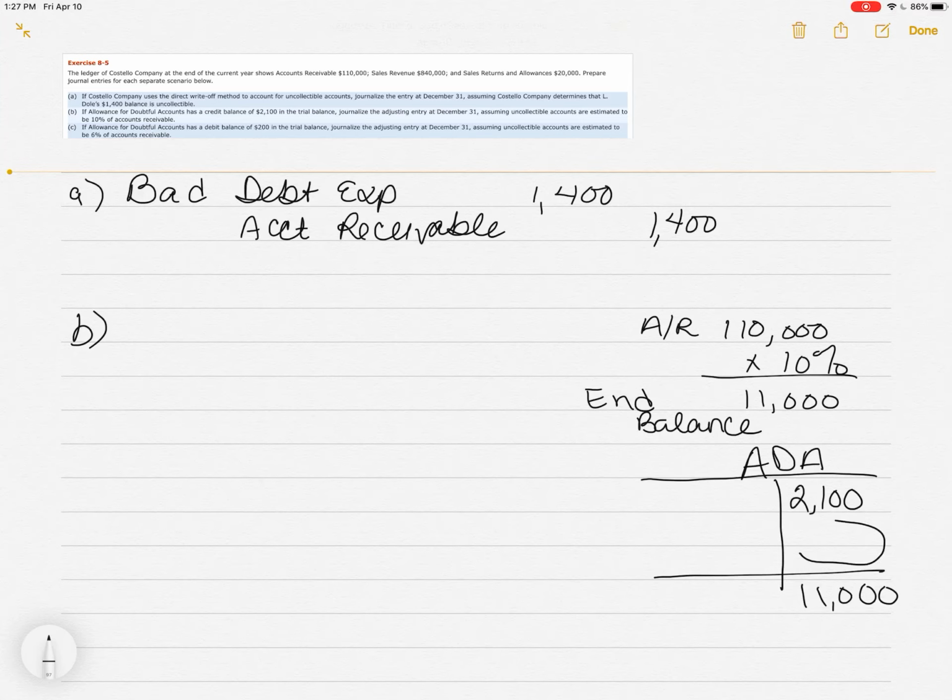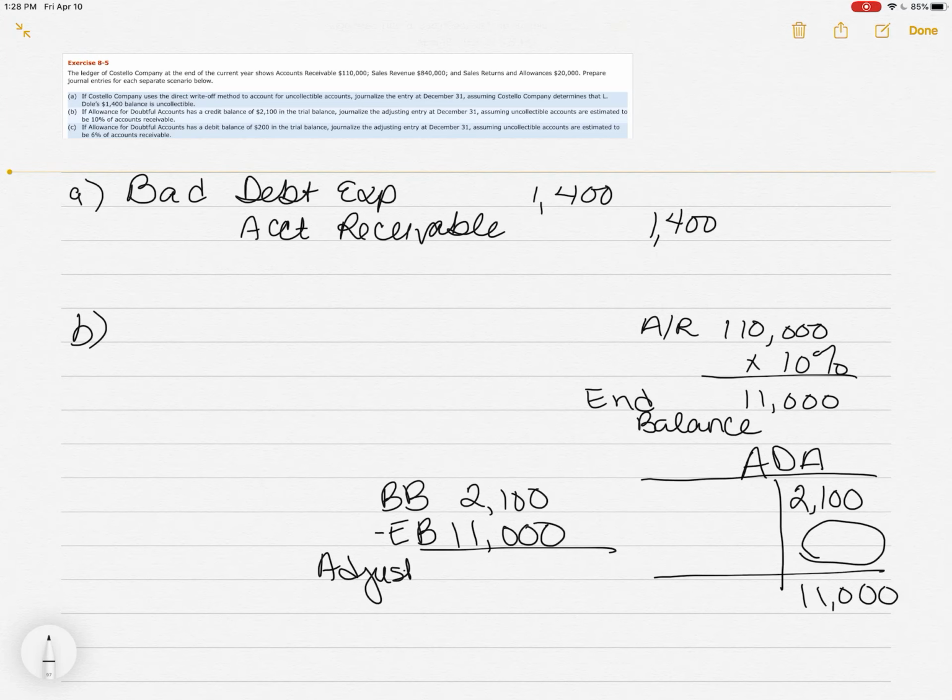Now our journal entry is for what we're going to fill in that blank to get down to that $11,000. Another way you can look at this is taking that beginning balance, $2,100, subtract your ending balance of $11,000, and that's going to give you the adjustment amount. The adjustment amount here is $8,900, because if I put a credit here of $8,900, I will get to that balance I want.